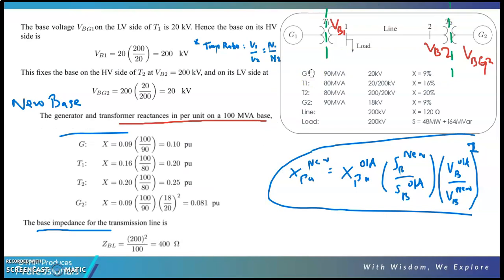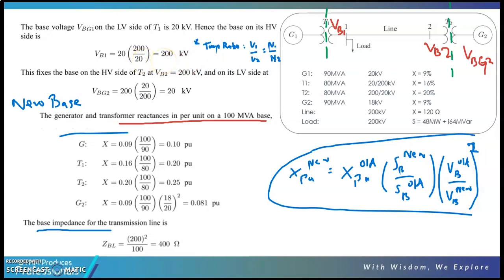Since you have transformers T1 and T2, you have to determine the base for the primary side, or low voltage side, and the high voltage side, for both T1 and T2. Let's say V base for generator 1 is 20 kilovolt. Based on the high voltage side of transformer 1, we call it VB1, equal to 200 kilovolt.